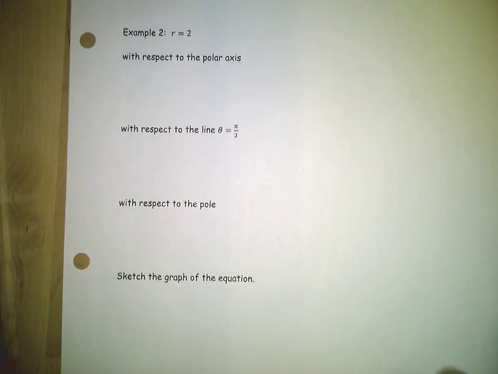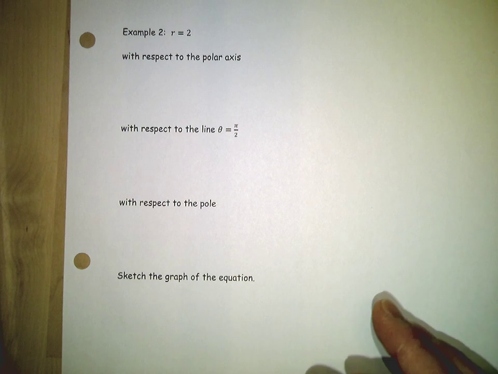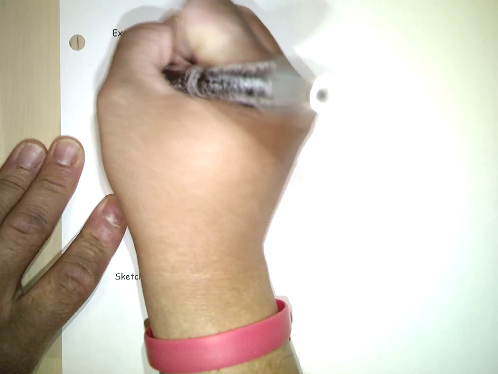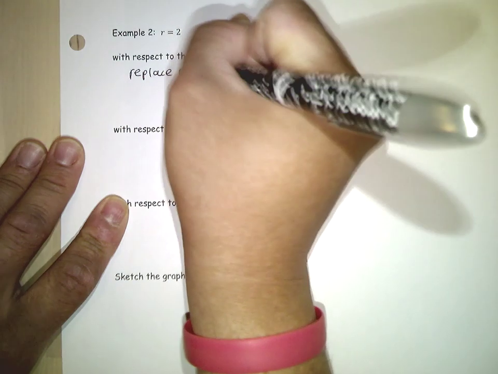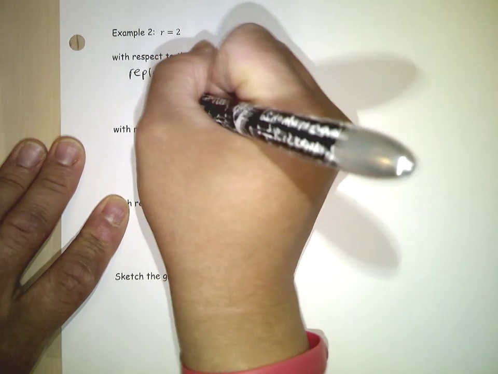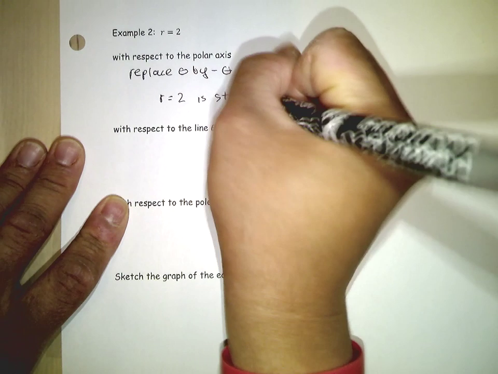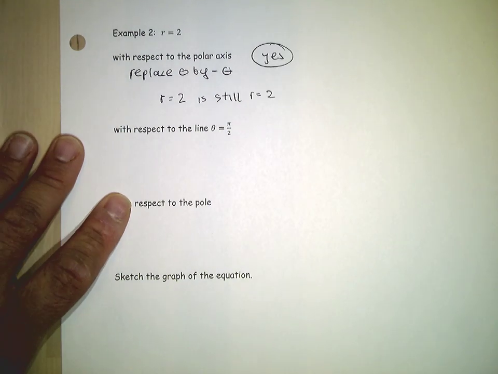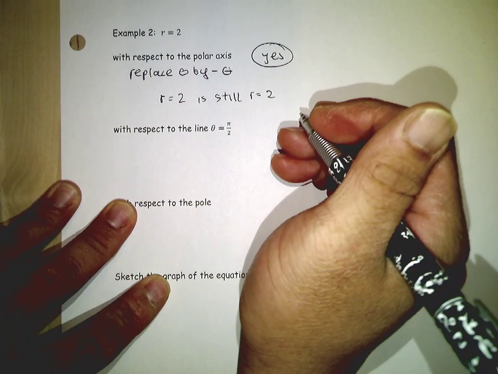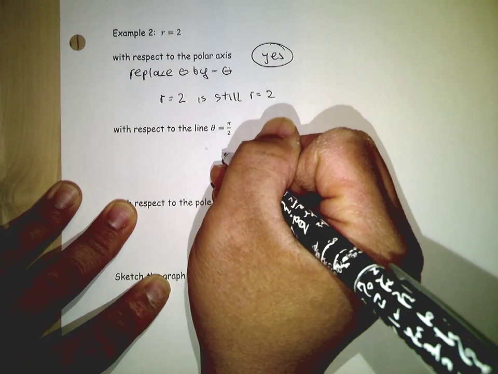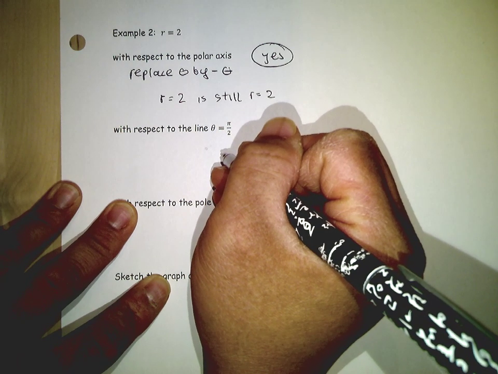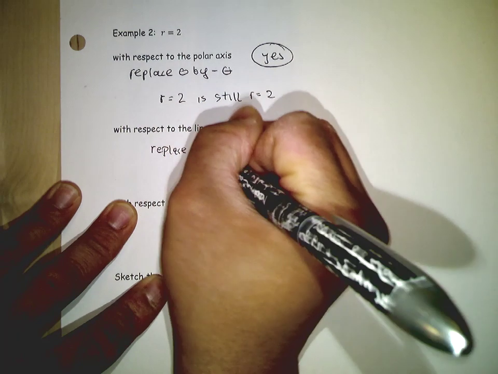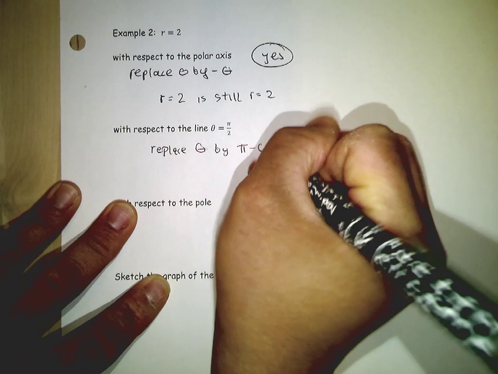Now, let's look at another great example here. r equals 2. Is there symmetry with respect to the polar axis? Well, we can replace theta by the opposite of theta. So r equals 2 is still r equals 2. So yes, there's symmetry with respect to the polar axis. Is there symmetry with respect to the line pi over 2, or theta equals pi over 2? Well, let's replace theta by pi minus theta.